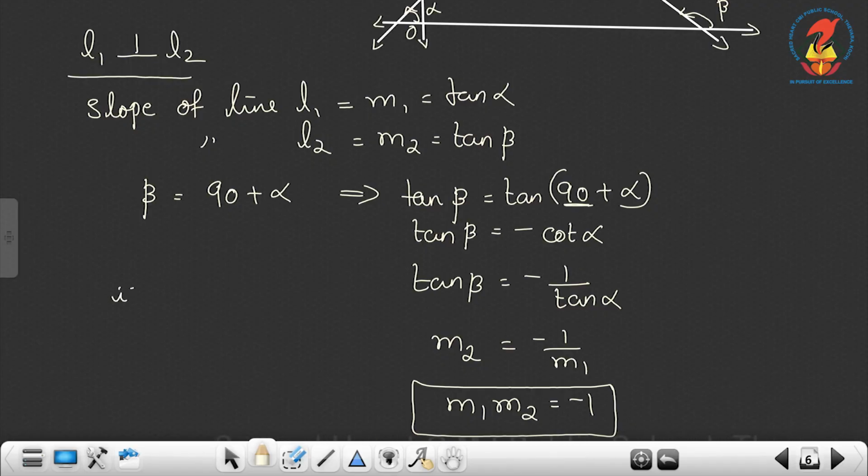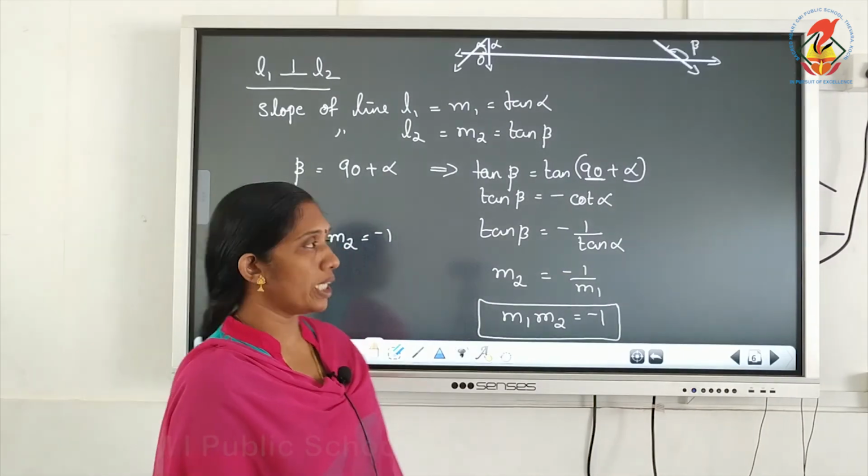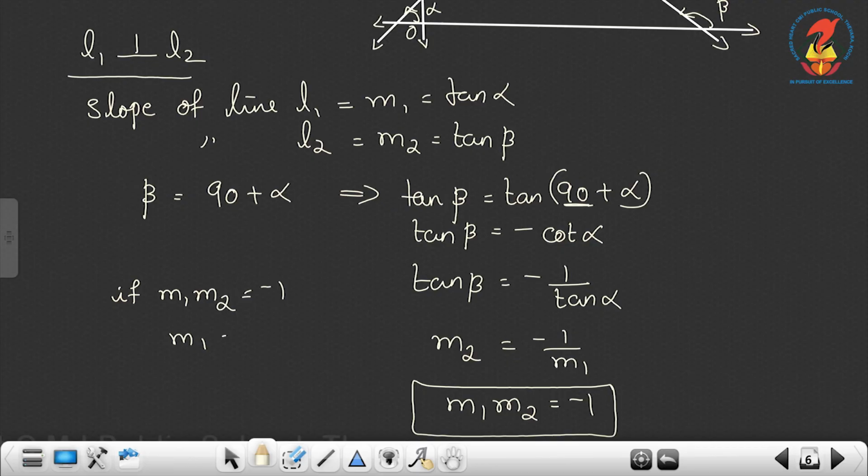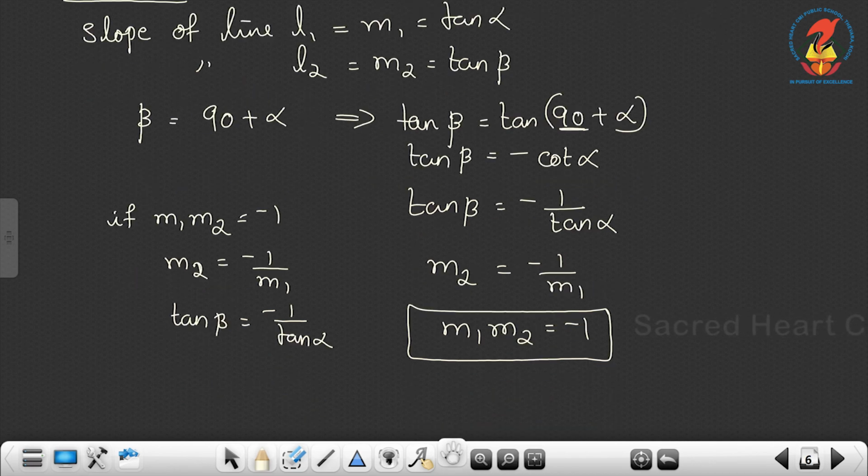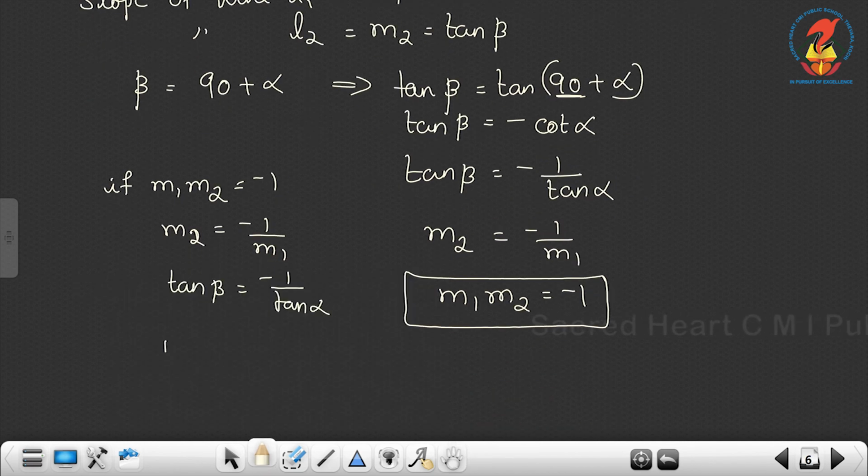Converse means if M1 M2 is equal to minus 1, that is, the product of two slopes is equal to minus 1, then we can write M1 is equal to minus 1 by M2, or M2 is equal to minus 1 by M1. M2 is tan beta is equal to minus 1 by tan alpha, that is minus cot alpha.